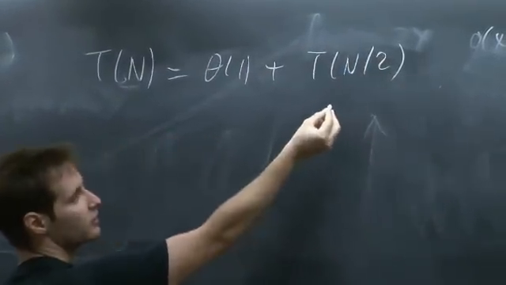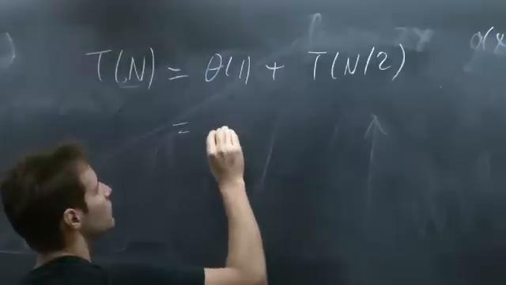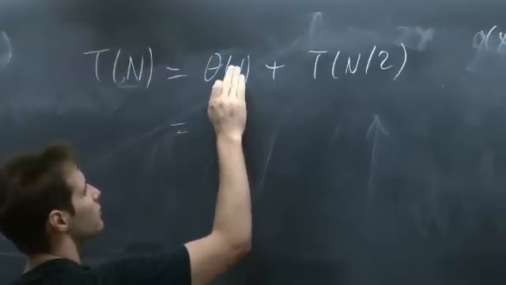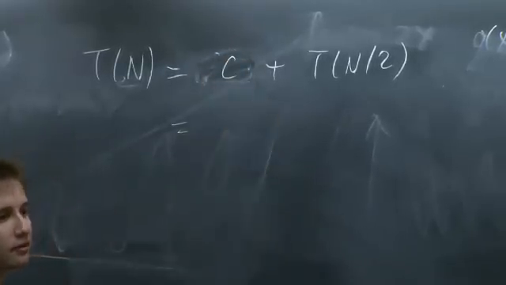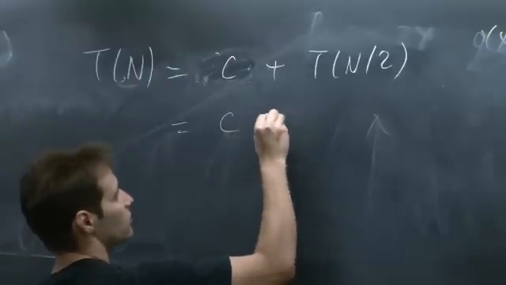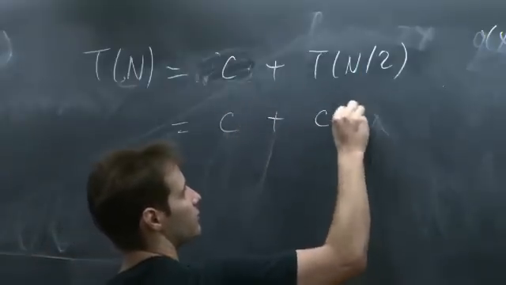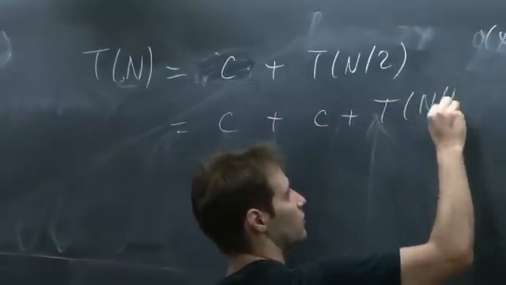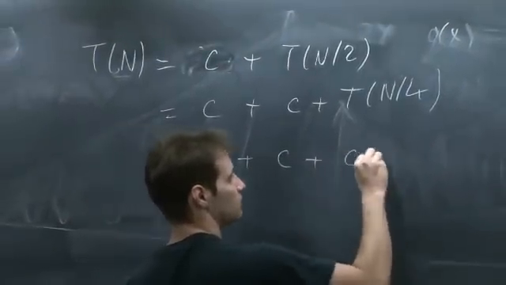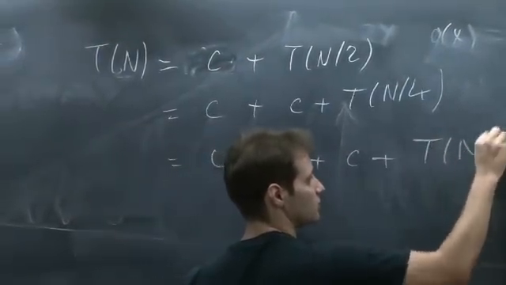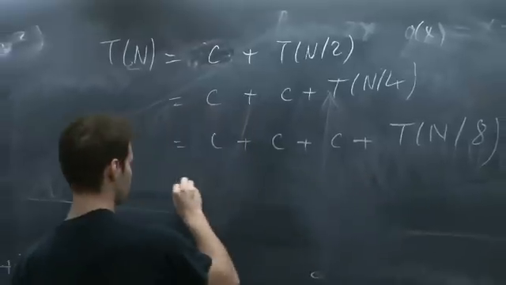I'm going to expand this using the definition. And theta of 1 is long, so I'm going to call this c instead. It's a constant, right? So c plus, expanding this, c plus T of n over 4. I'm going to expand it again. And again.